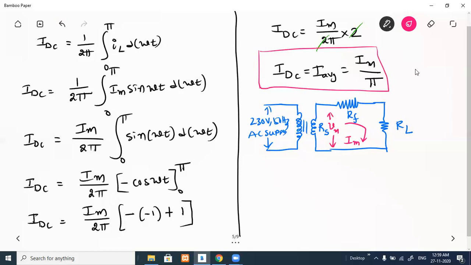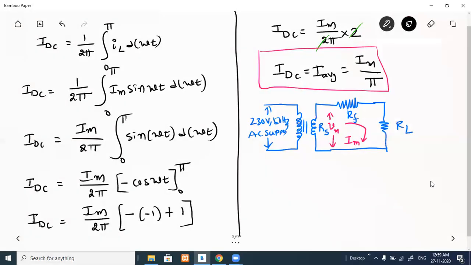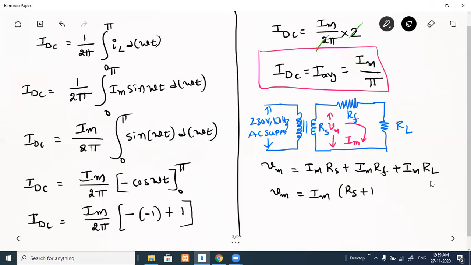If you apply KVL to the output circuit, then VM equal to IM RS plus IM RF plus IM RL. All these are in series and the peak current flows through all of them. So VM equal to IM, which is common, times RS plus RF plus RL.